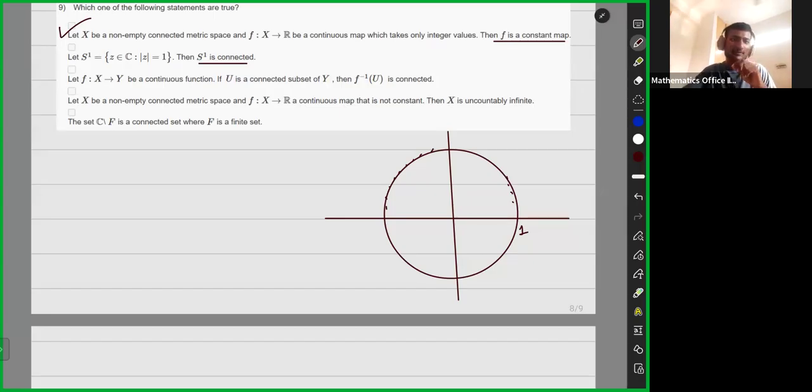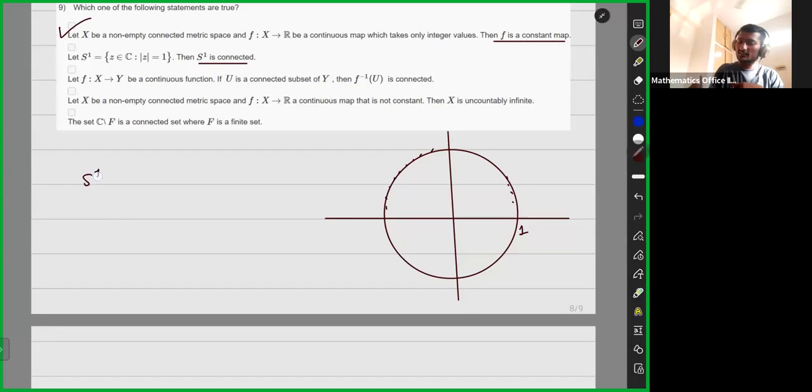If open and disjoint, then limit points would be excluded, right? So no such cutting is allowed. Two points are defined by a path, they must lie in it. Right. So this is connected, of course.